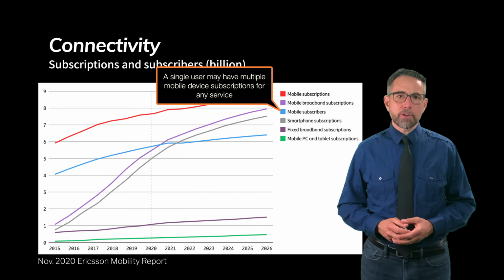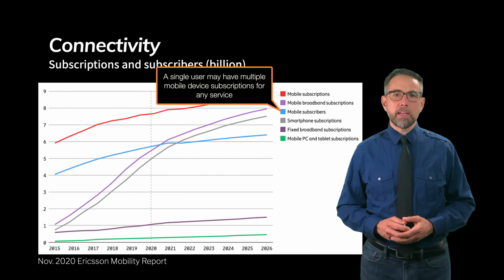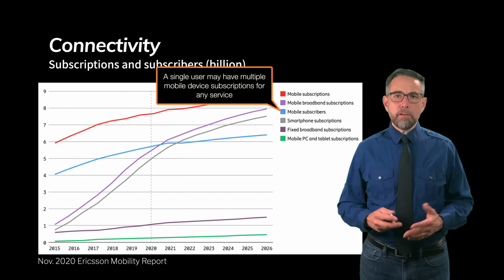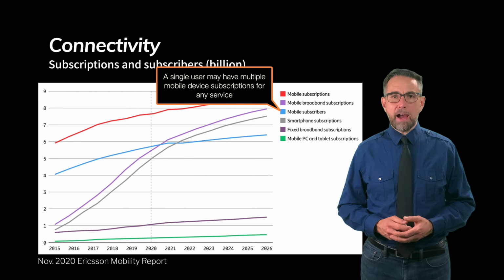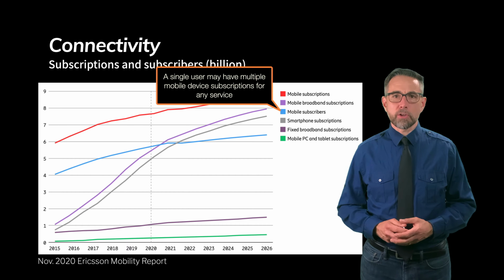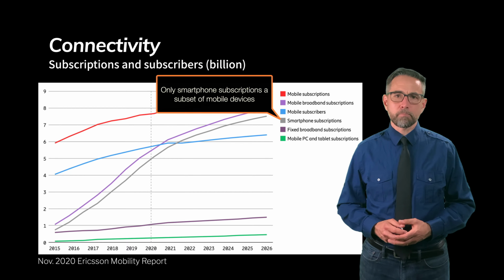Mobile subscribers, so any single user. And the reason why this blue line is lower than the red line is because some users have more than one subscription. In fact, in some countries, people have on average 2 or more subscriptions each. Some countries, of course, usually the lower socioeconomic level countries, have less than 1 per person.